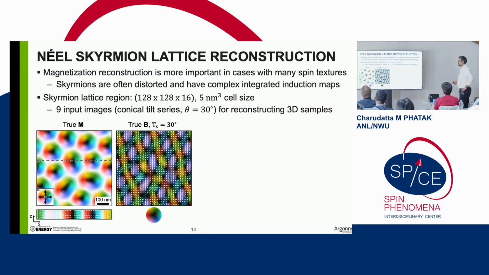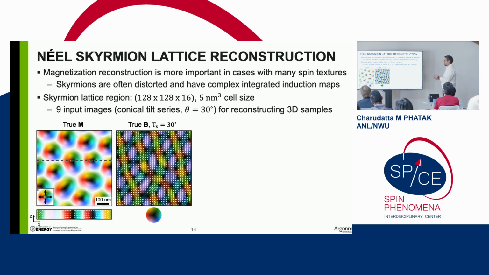So moving on to 3 dimensions, we started again with a simulation of Néel-type skyrmions, particularly one that was slightly deformed in the simulations. This was not on purpose. It was just a random simulation that we started off with, and it ended up relaxing into this state. This is what the magnetization looks like in the z direction.